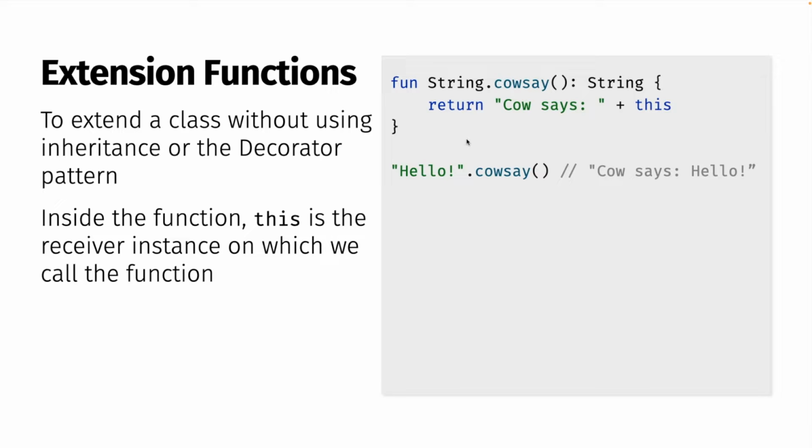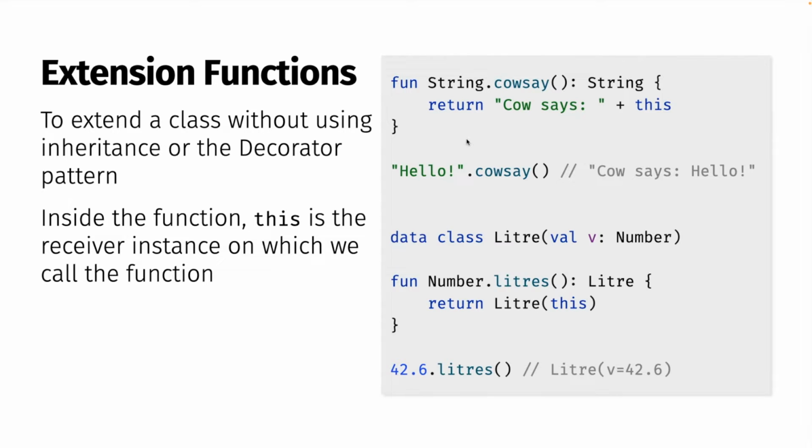In this case here, we are extending the string class with a function that just adds a cow says at the beginning of the string. Inside the body of the extension function, this refers to the instance on which we called the extension function. In the case where we call cowSay on the string hello, this is going to be the string hello inside the body of the function.